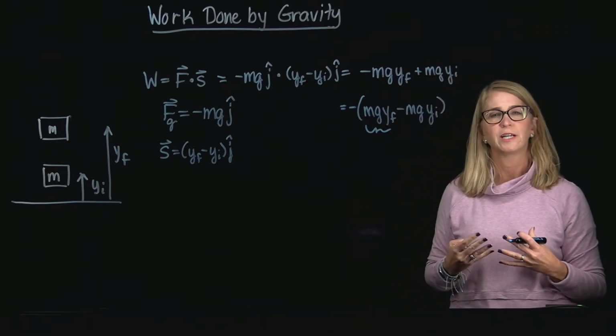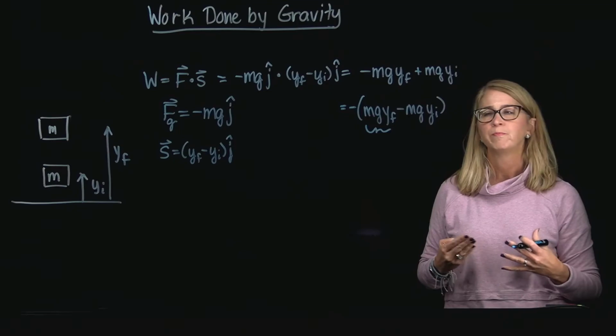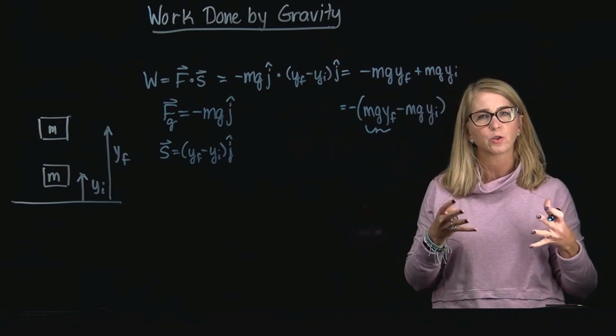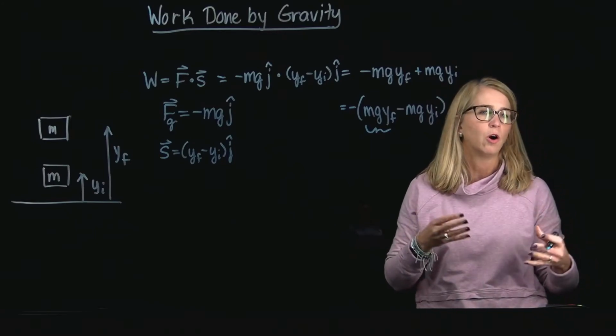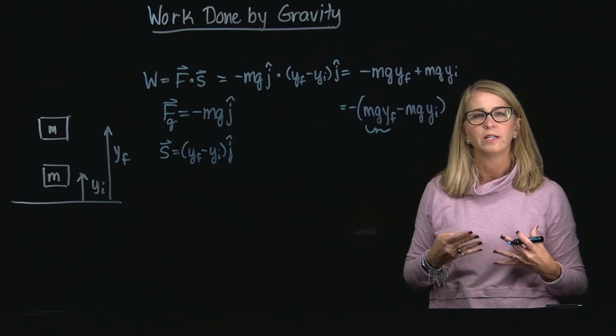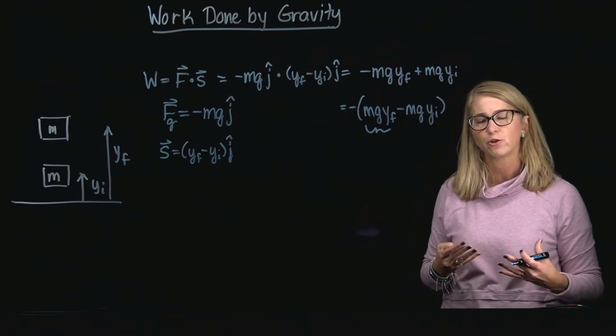And that's where we start to get into the idea that the work could be expressed as some change in this quantity, because change always means final minus initial. And we call that quantity the gravitational potential energy.